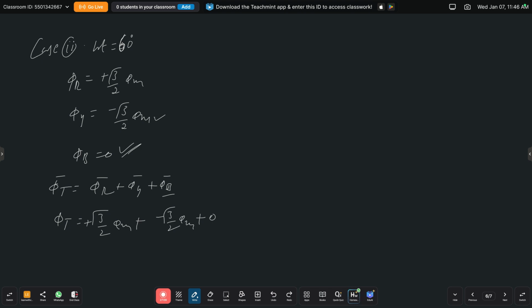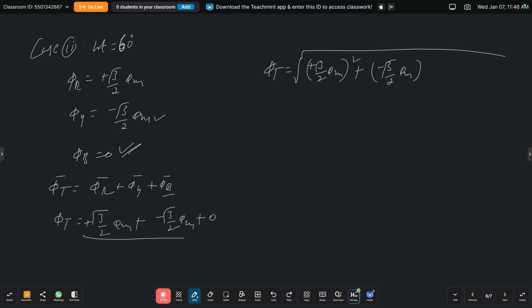Substitute the phi r, phi y, phi b values. Phi t is the vector sum, taking the same parallelogram principle: plus root 3 by 2 into phi m whole square plus phi y, minus root 3 by 2 into phi m whole square, minus 2 root 3 by 2 phi m times root 3 by 2 into phi m cos 60 degrees.